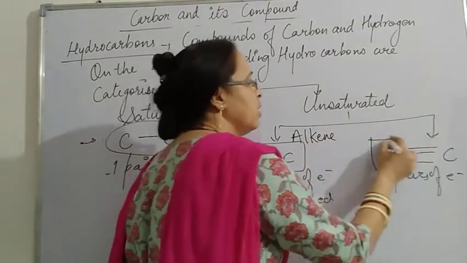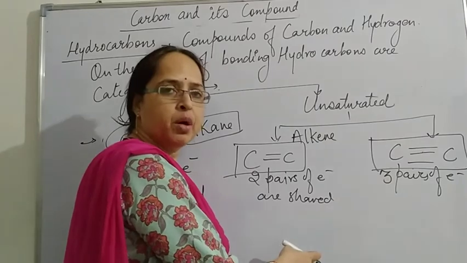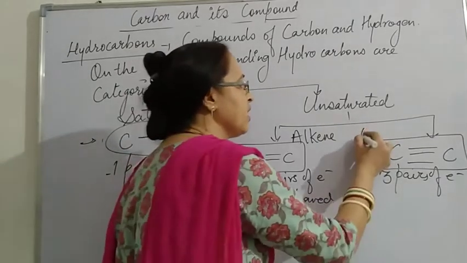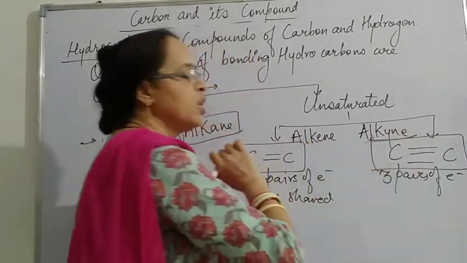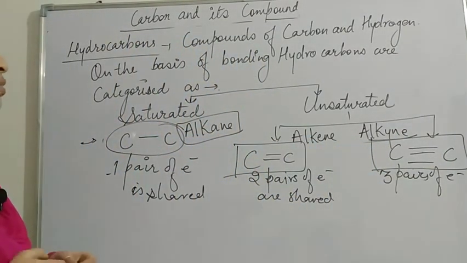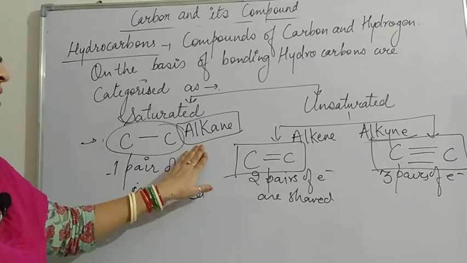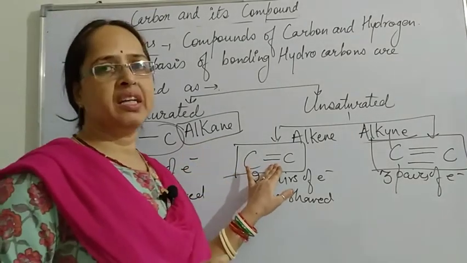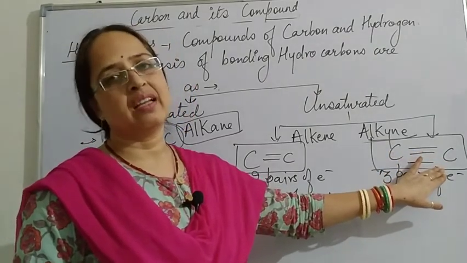And the third, unsaturated hydrocarbon containing a triple bond between the two carbon atoms, is named alkyne. So hydrocarbons with single bond are alkane, with double bond are alkene, and with triple bond are alkyne.